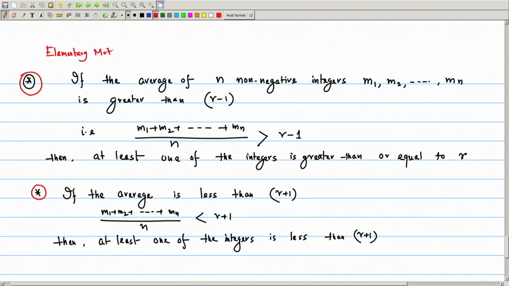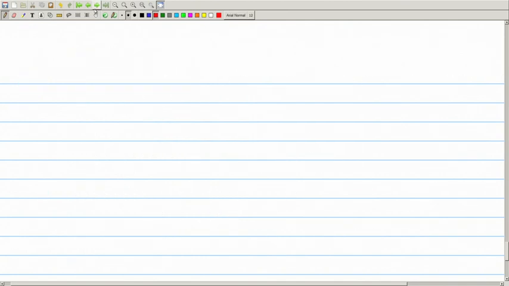Already for the simple form we have seen how numerical problems are solved using the pigeonhole principle.